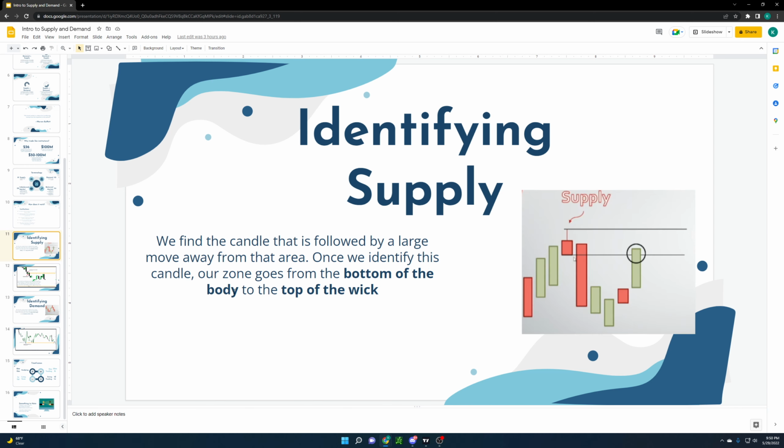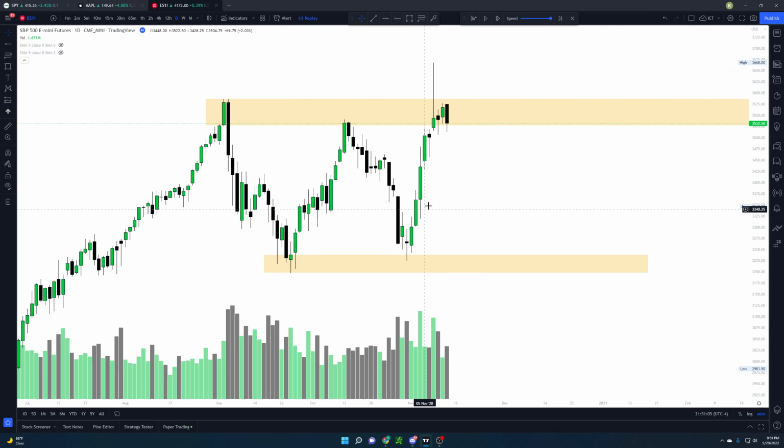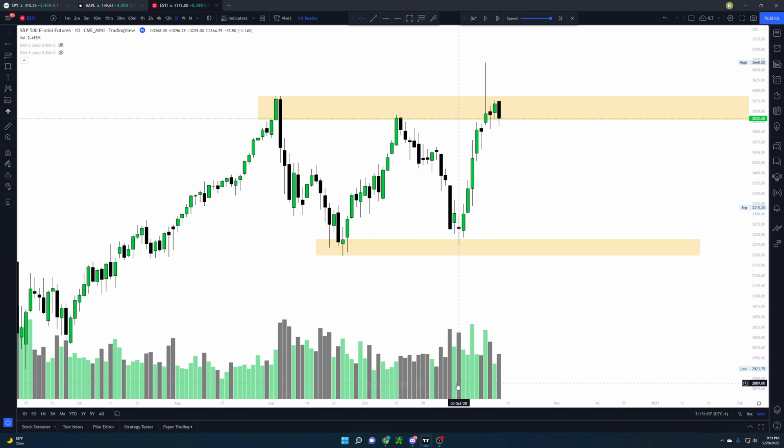Supply goes bottom of the body, top of the wick, and demand goes top of the body, bottom of the wick. Any further questions?